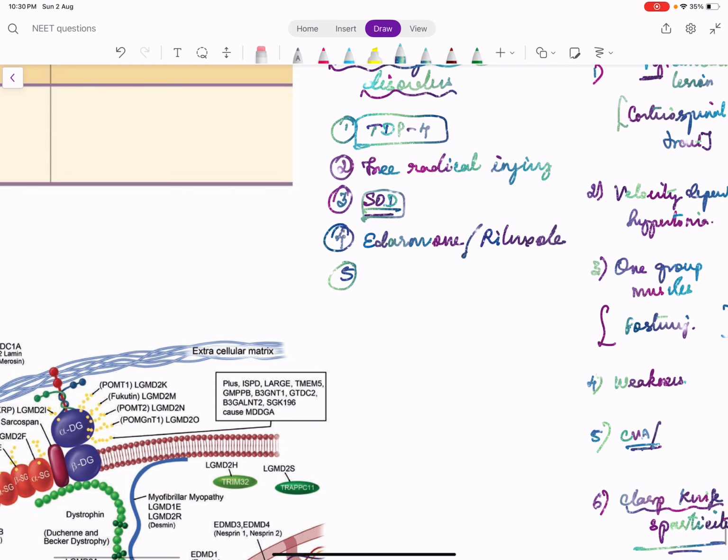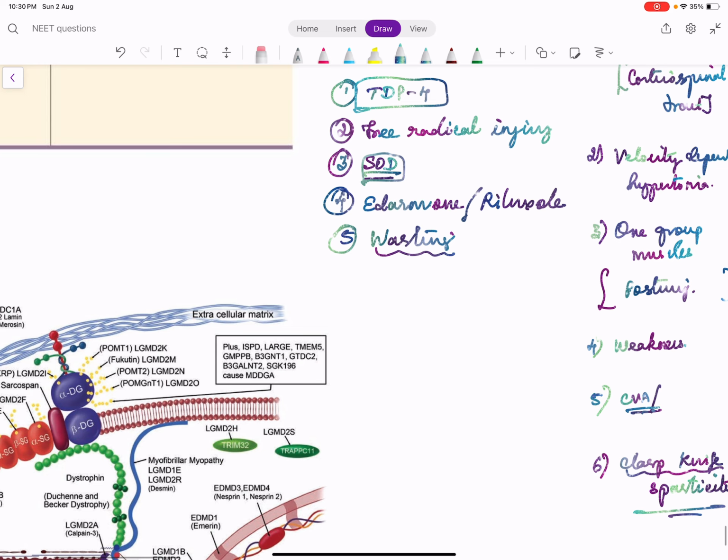But what I told you, ALS is nothing but UMN plus LMN type of motor neuron disease, so features of both will be mixed. There will be wasting, which is a feature of lower motor neuron, so the patient will be very much wasted. Of course, there will be weakness, which is present in both UMN and LMN. But how will the reflexes be? Reflexes are diminished in LMN, but in UMN they are increased, right?